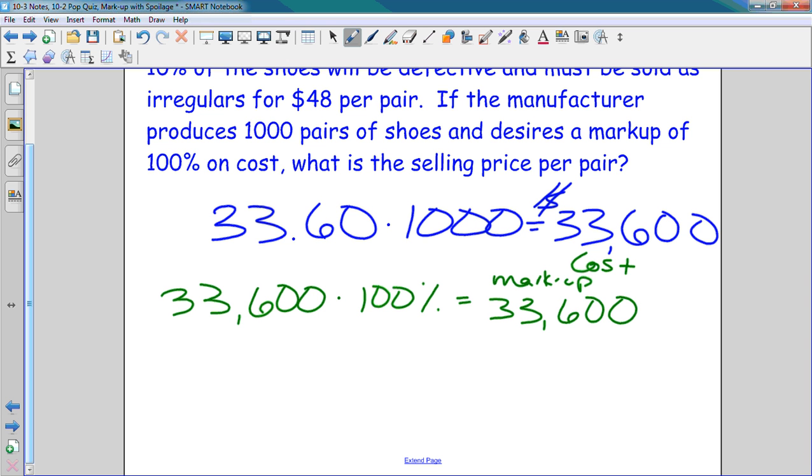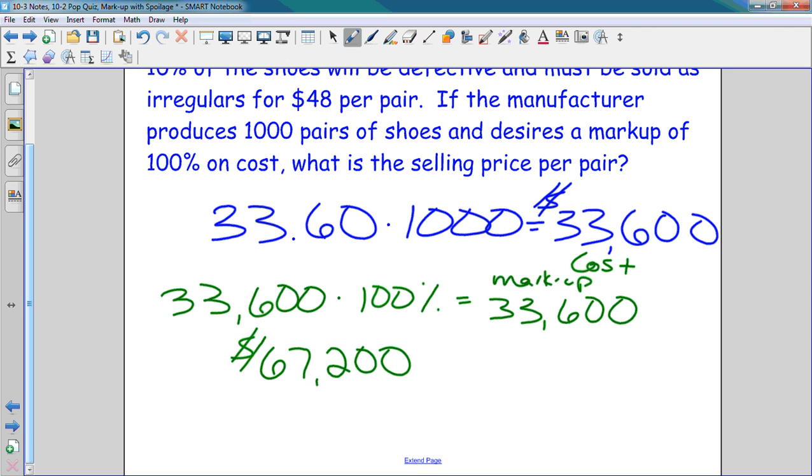So my markup is 33,600, and my cost is 33,600. So my total is going to be 67,200. So I need to sell all of those shoes for $67,200 in order to make enough for my company.